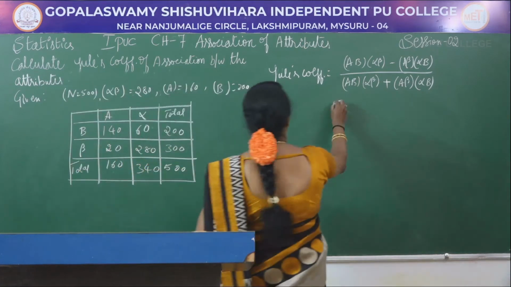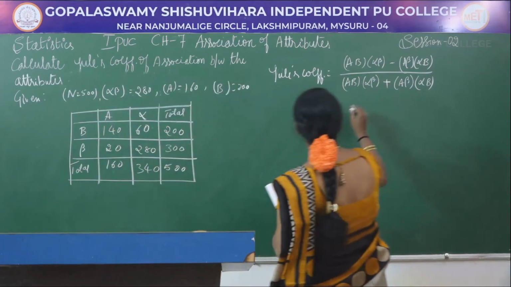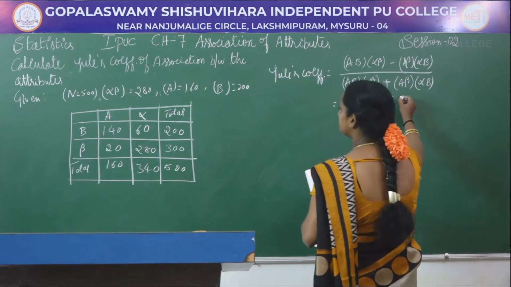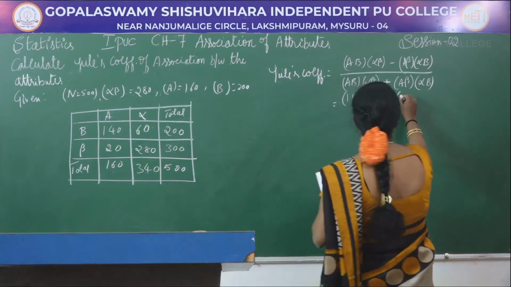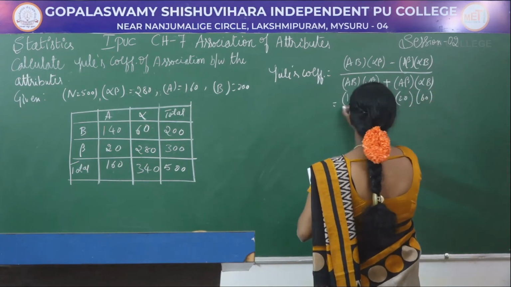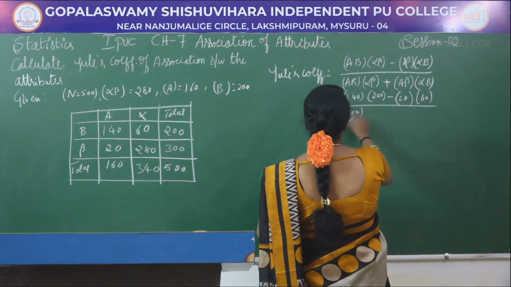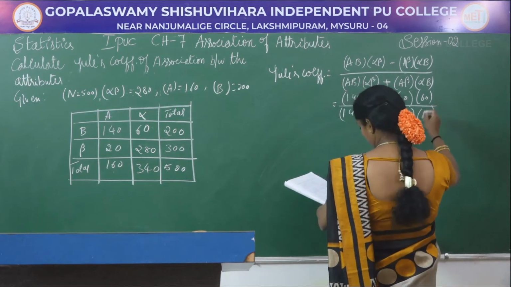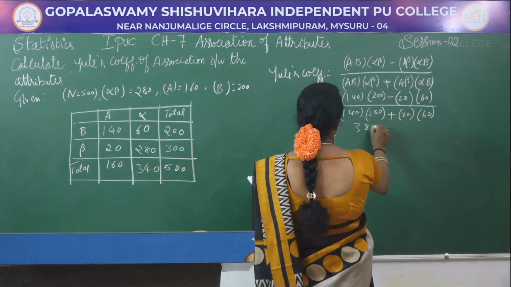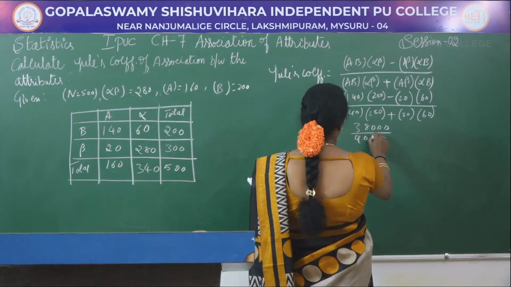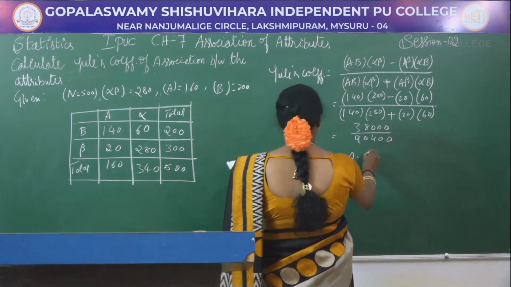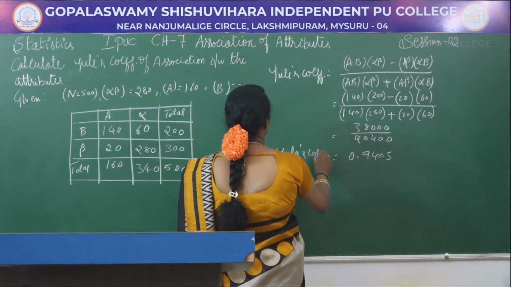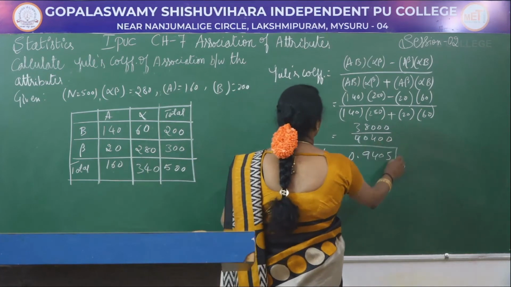It is 140 into 280 minus 20 into 60, divided by 140 into 280 plus 20 into 60. This is 38000 divided by 40,400. It is 0.9405. This is your Yule's coefficient, and that too it is positive.